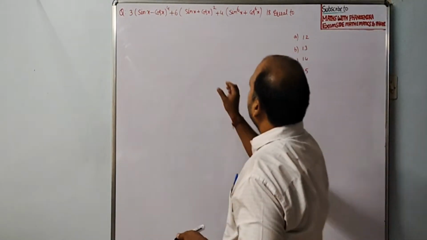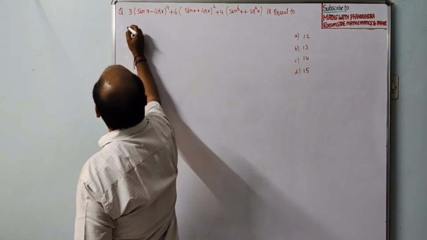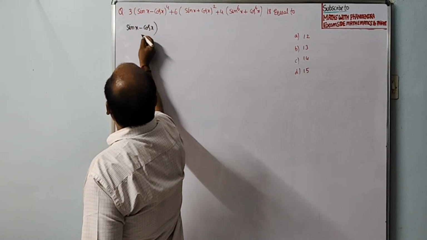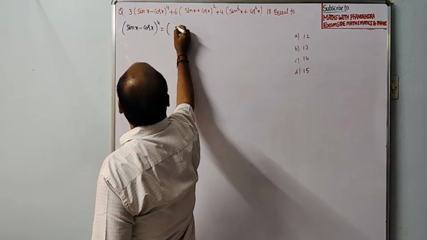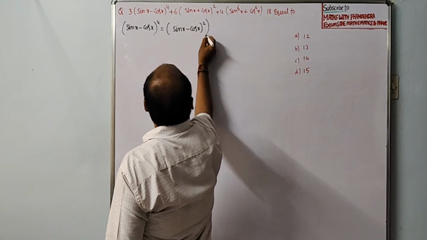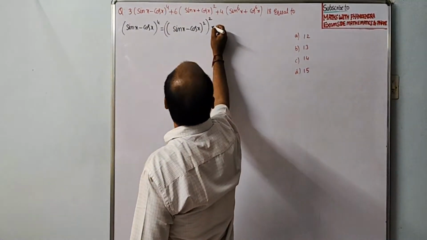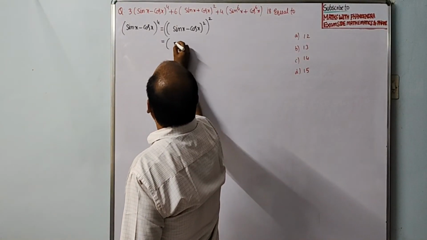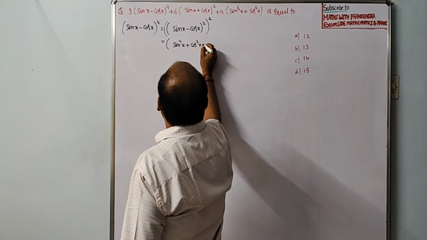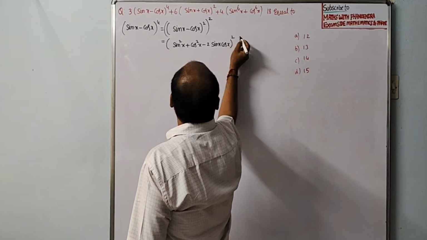First, bracket by bracket, we will simplify the values. (sin x minus cos x) whole power 4 can be written as ((sin x minus cos x) whole square) whole square. Using the a minus b whole square formula, it is equal to (sin square x plus cos square x minus 2 sin x cos x) whole square.